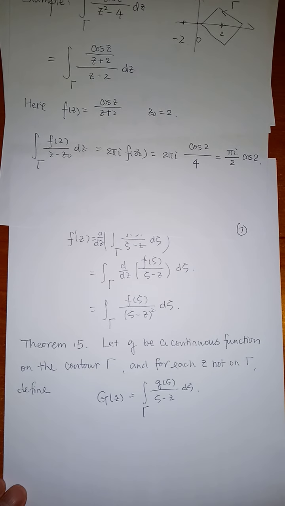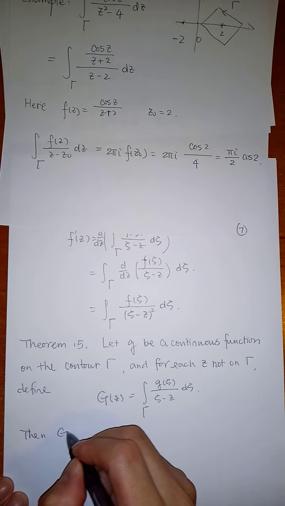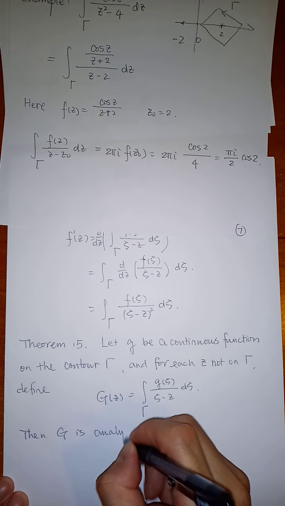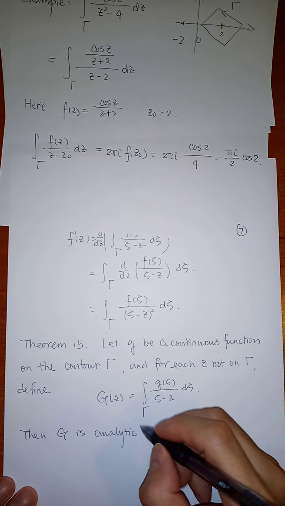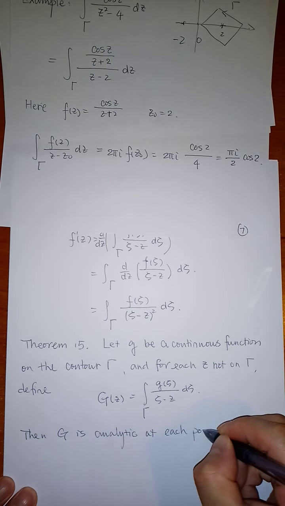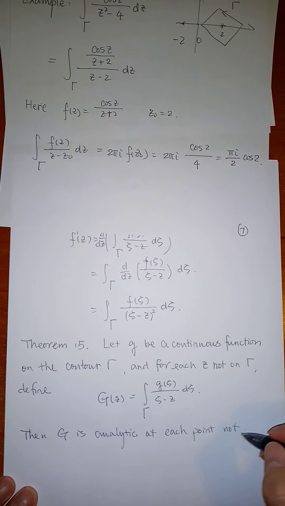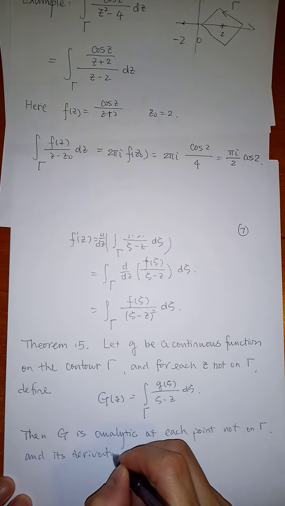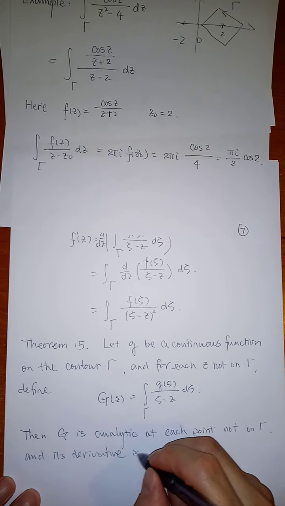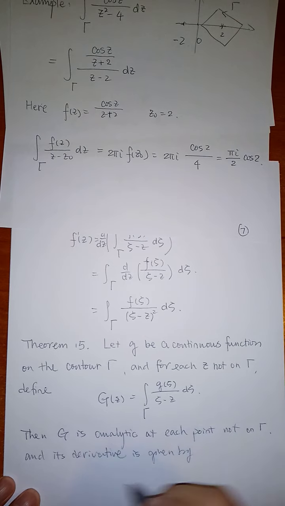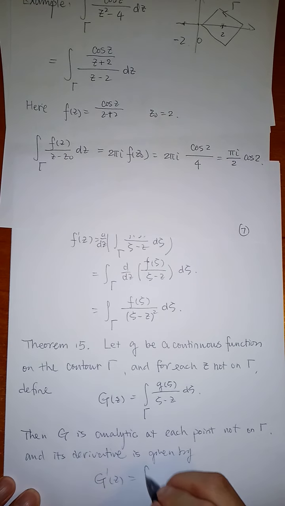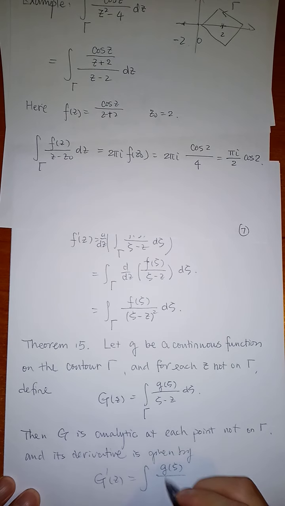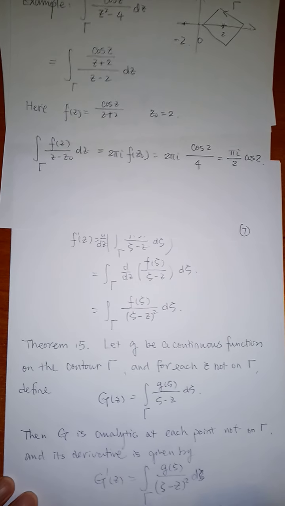Then capital G is analytic at each point not on gamma, and its derivative is given by G prime of z equal to the integral of g of zeta over zeta minus z squared, d zeta, along gamma.